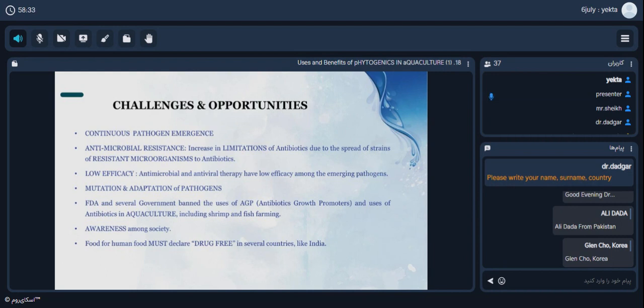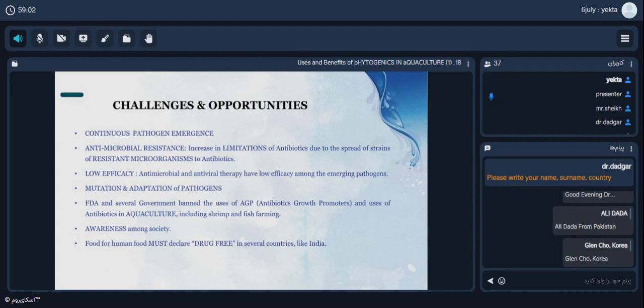And the second thing which is happening is that the Food and Drug Administration of several countries started banning the use of antibiotics and growth promoters in the feed, or even for field use, you must have prescription or prescribed drug use by the veterinary practitioners. So this is limiting it.